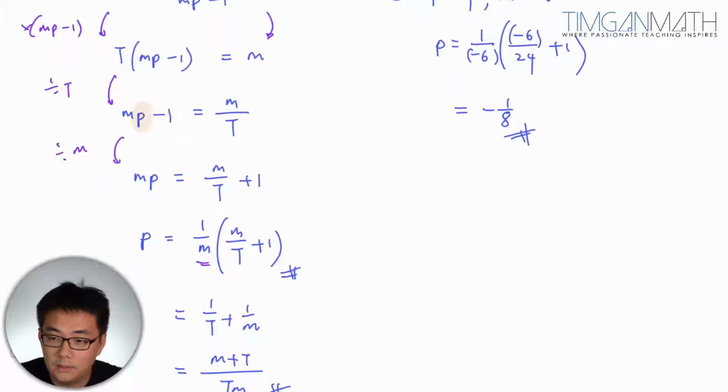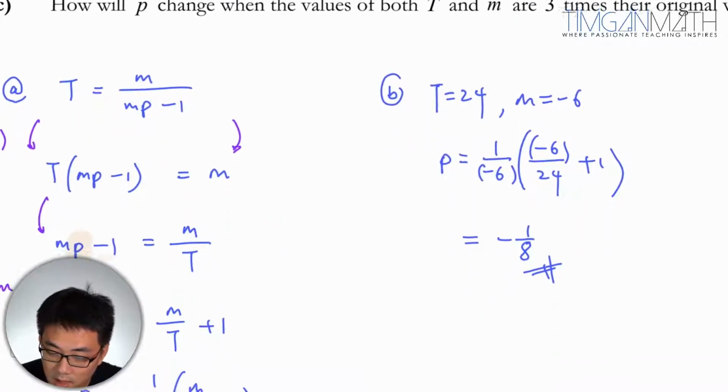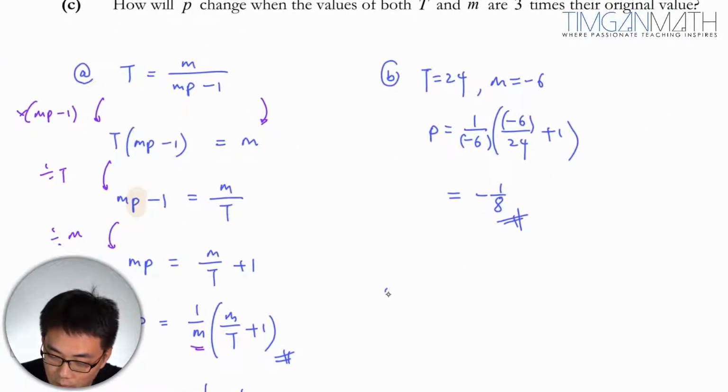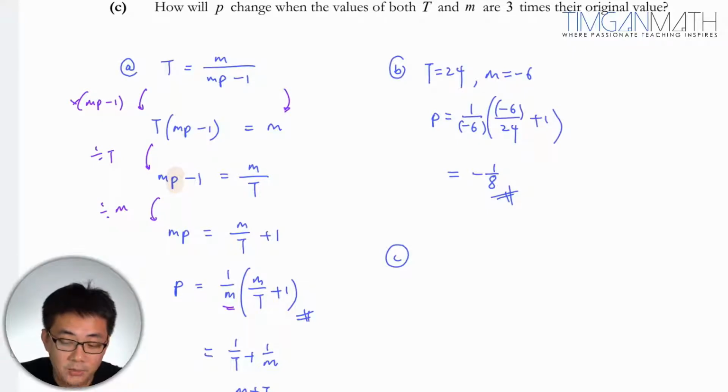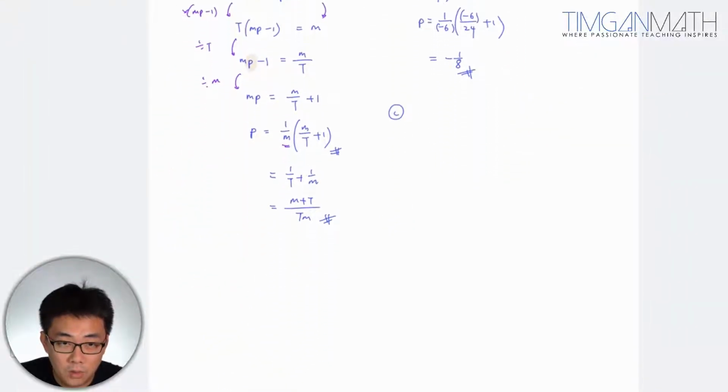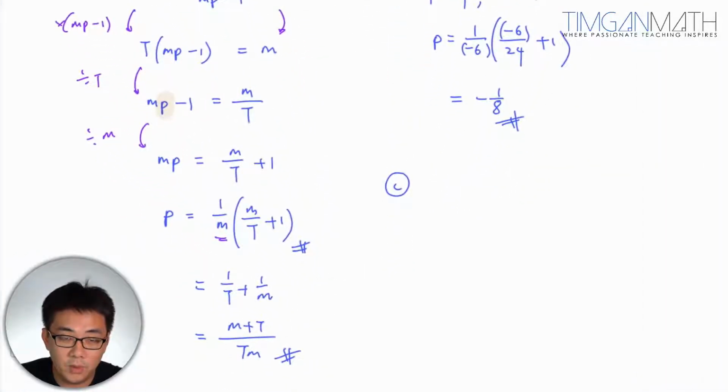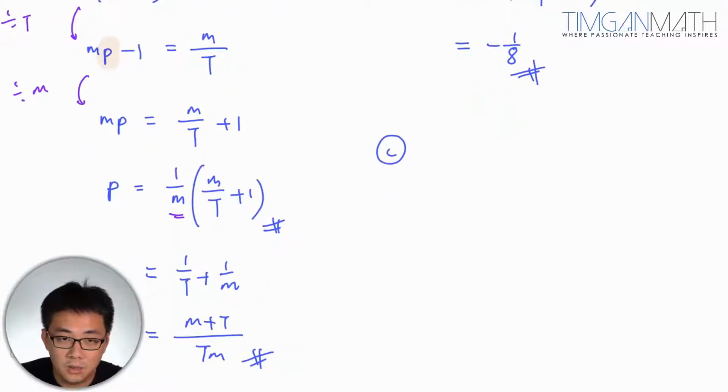Great. Then we're going to look at C. How will p change when the value of both t and m are 3 times the original value? So for this part, what I will suggest is you could use either one.